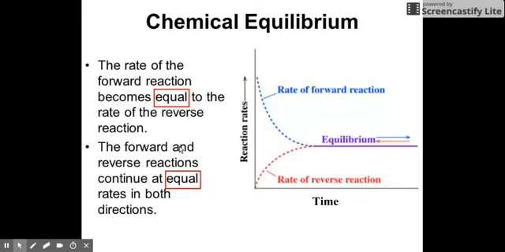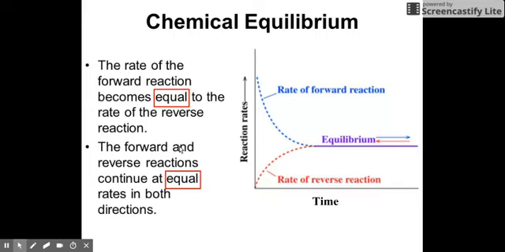In the video I made on the demonstration of chemical equilibrium, and I hope you've watched that, you've seen that even if the scoopers are the same or not, eventually the rate of the forward and the reverse reaction will always reach a point where the rate is the same.